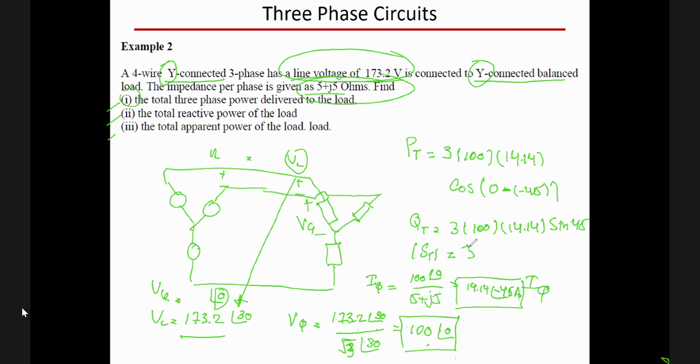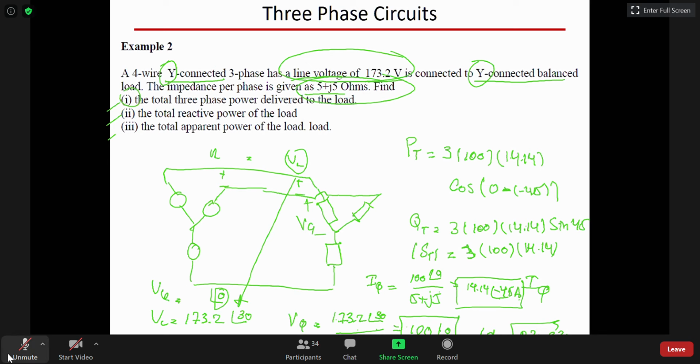It will be 300 times 14.14. Or the magnitude of P and Q added up. Any question regarding this example?